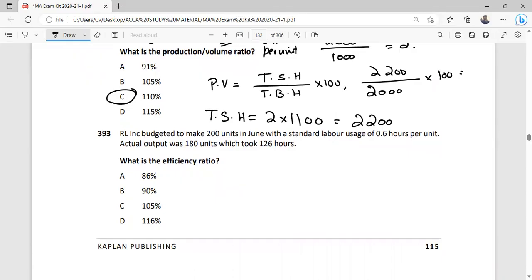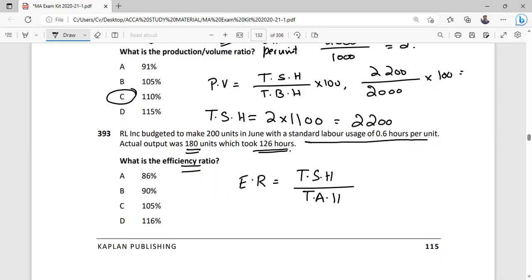RL Incorporated budgeted to make 200 units in June with a standard labor hour usage of 0.6 hours per unit. Actual output is 180, which took 126 hours. What is the efficiency ratio? Efficiency ratio is equal to total standard hours divided by total actual hours into 100.